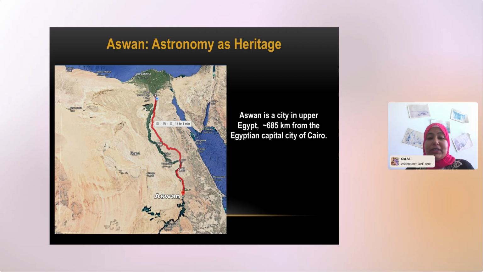They have the orthogonality over the Abu Simbel temple, and the kids know that twice each year there is orthogonality of the sun on the Ramses statue at the temple of Abu Simbel, but they don't know this is an astronomical phenomenon. So I start to show them how their heritage is very related to astronomy.